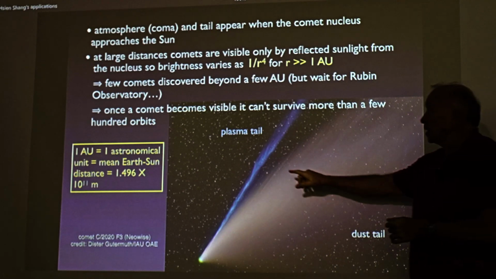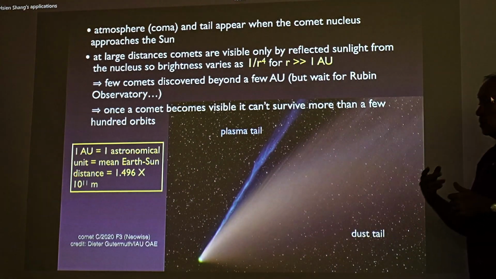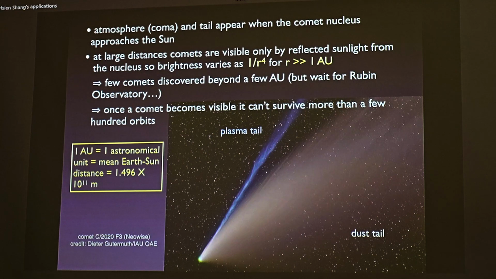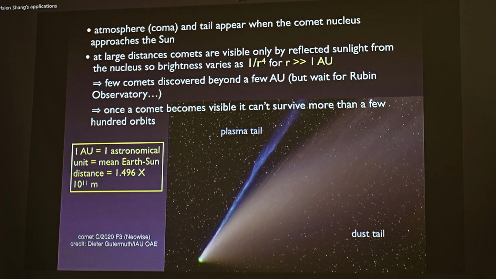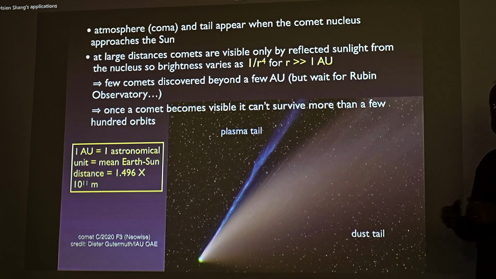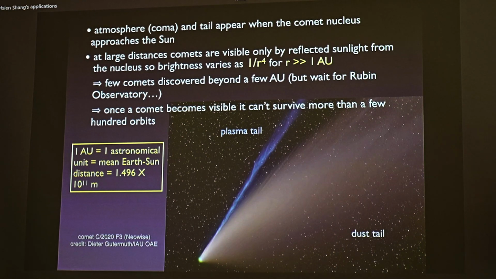There's a plasma tail, whose dynamics is governed by the solar wind, and there's a dust tail whose dynamics is dominated by a combination of solar gravity and radiation pressure.